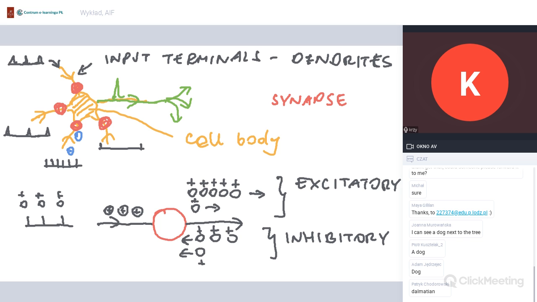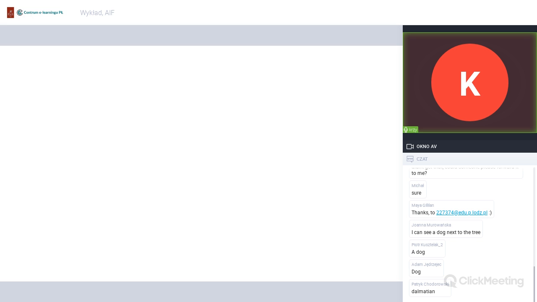What we are interested in, in AI and in artificial neural networks, is how to make a simple model of the process that is taking place in a neuron, in this living neural or nervous cell. So the first thing is we will be trying to simplify everything.